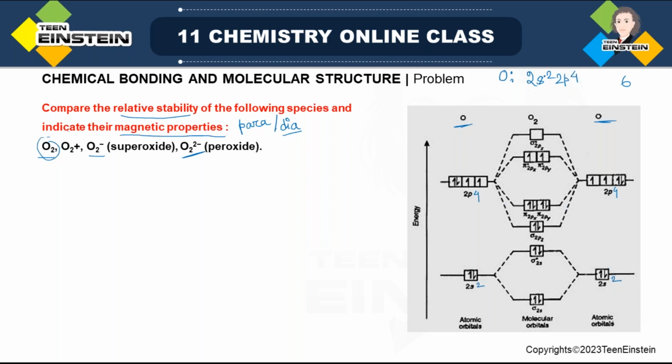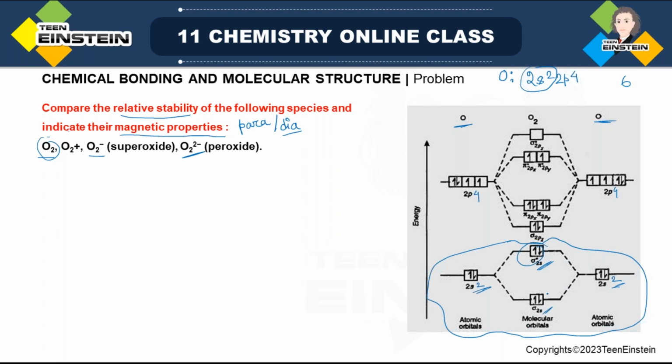Now as 2s2 is fully filled, even if you do not consider this part of the molecular orbital, there is no effect on the result. Why am I saying so? Because as this is fully filled, these 2 electrons, total 4 electrons, obviously the anti-bonding sigma star and the bonding sigma both will be filled.